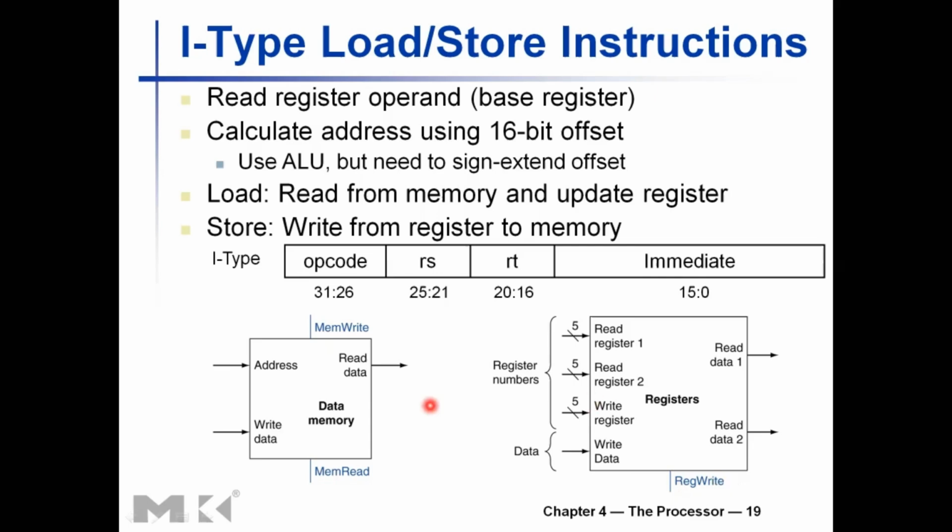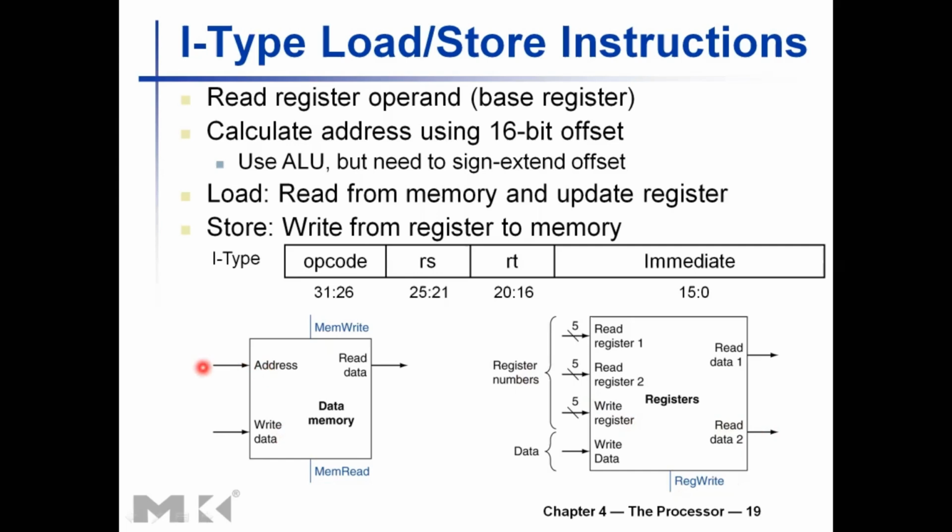If it is a store instruction, then you are writing into the memory. The data that you read from the RT register, the second register that you're reading from the register file, is provided to the write data port of the memory, and the ALU computed address is provided to the address port.